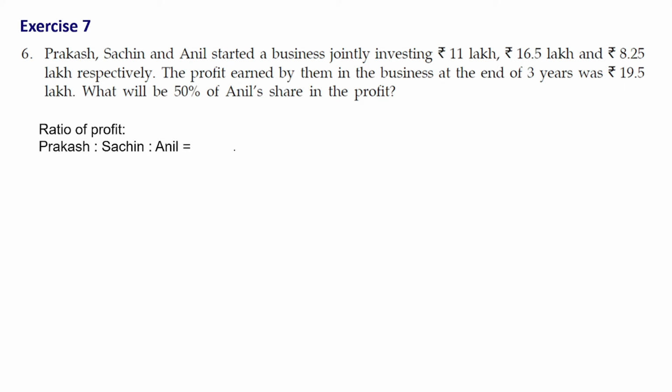Now the ratio of profit is given by, since all these are in lakh, so we can write it as 11:16.5:8.25. So the ratio of profit of Prakash to Sachin to Anil is given by 11 is to 16.5 is to 8.25. We need to find Anil's share of profit.